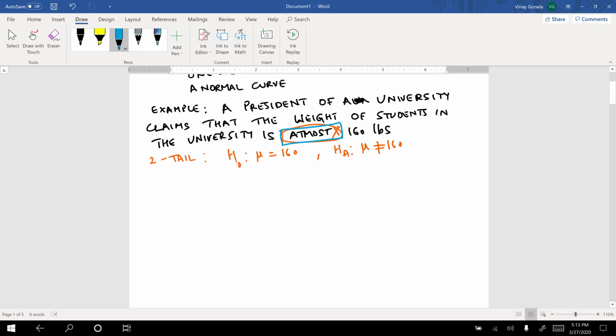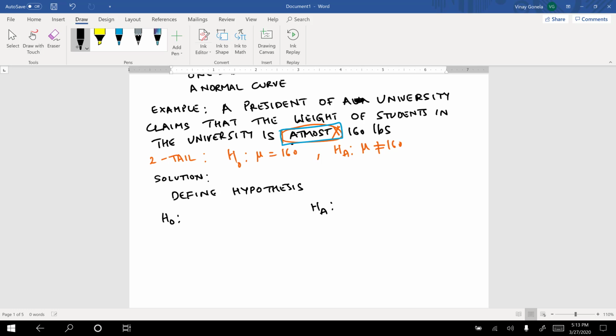So this is our solution. The first step of hypothesis testing is to define your hypothesis. So here we have H null and H alternative.